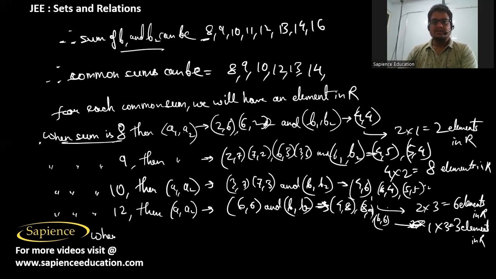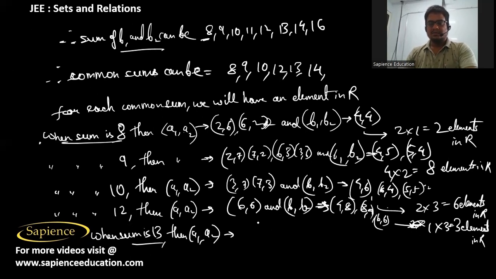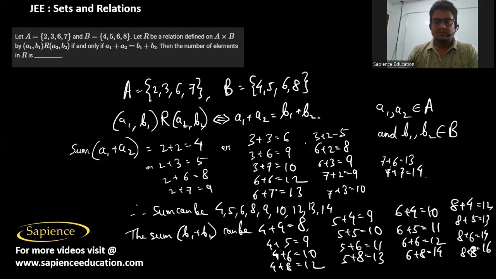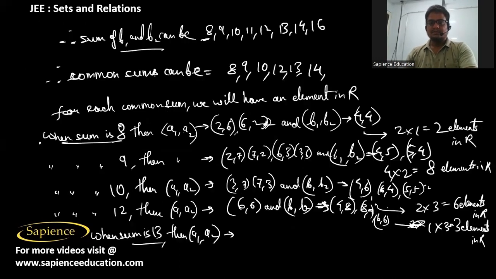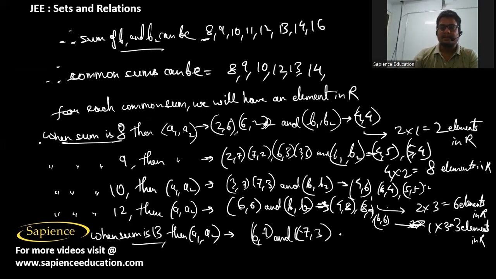Similarly, when the sum is 13, then a1 comma a2 can be 6 comma 7 and 7 comma 6.